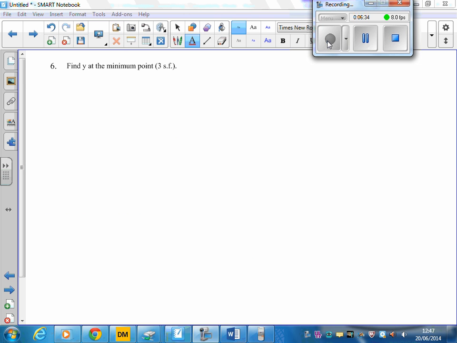The final question on this review sheet wants to know the y value at the minimum point. So from the last part we found that the x value was minus 0.697. No, we didn't. This was at the maximum point.